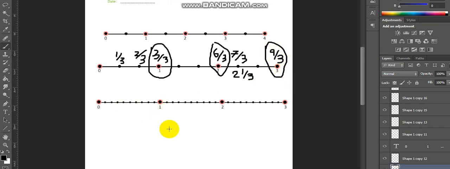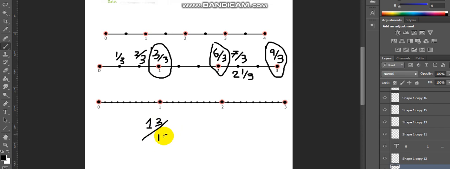So let's say that an exercise tells me, okay, you need to write the fraction here on this number line, which has tenths because of the line from 0 to 1 separated into 10 parts. Let's say it says, write the fraction 13 tenths.